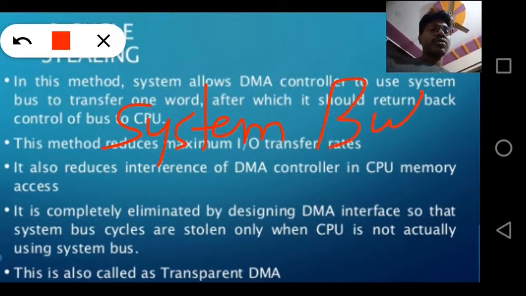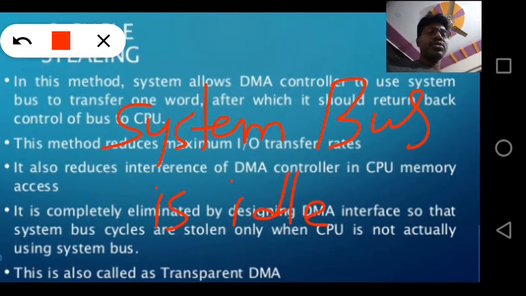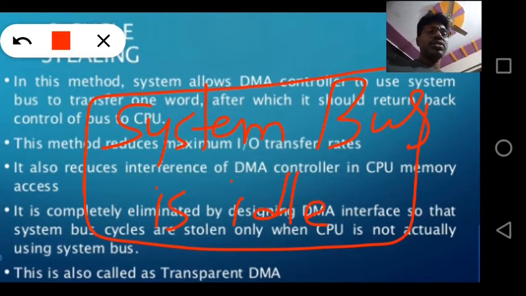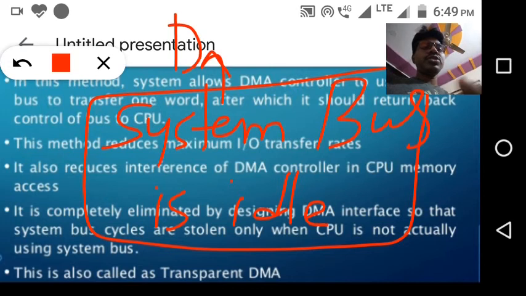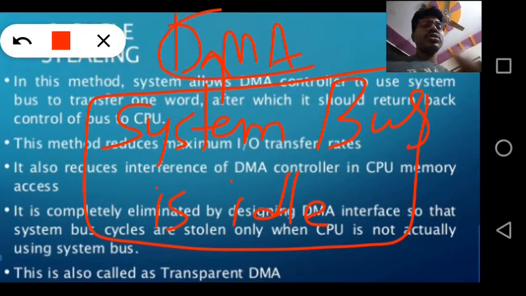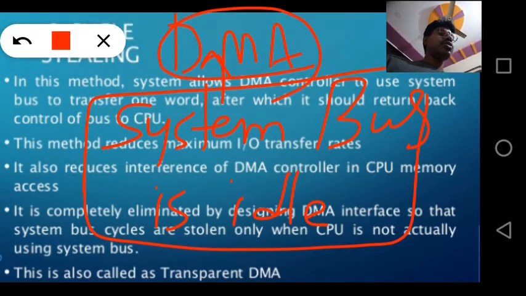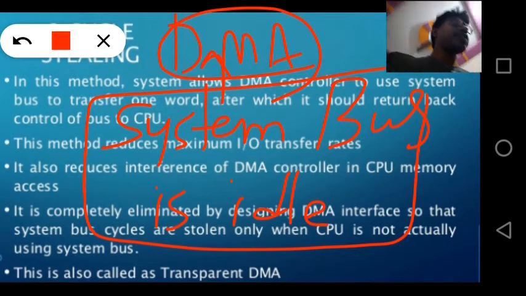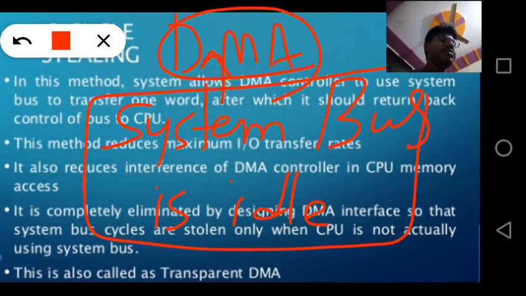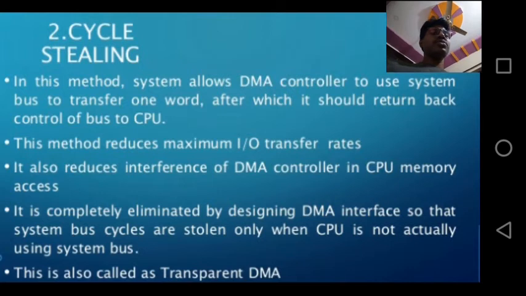Then DMA uses the idle system bus. It is called transparent DMA. So this technique is called transparent DMA. This is about DMA.